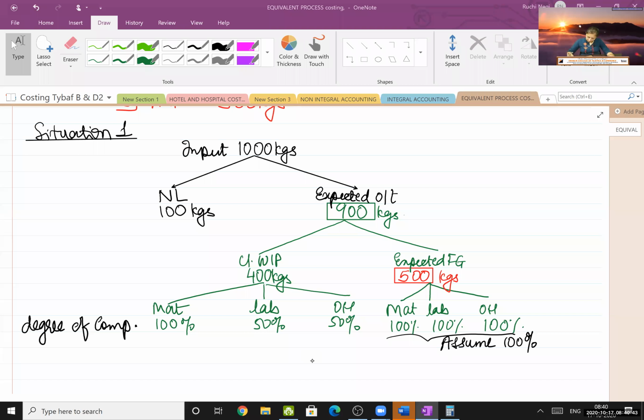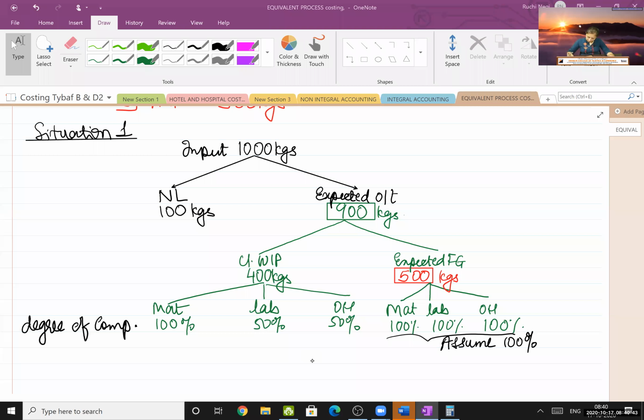What is step 1? Calculation of equivalent production. Statement of equivalent production. So start. First column input, second column particulars, third column output, then material.